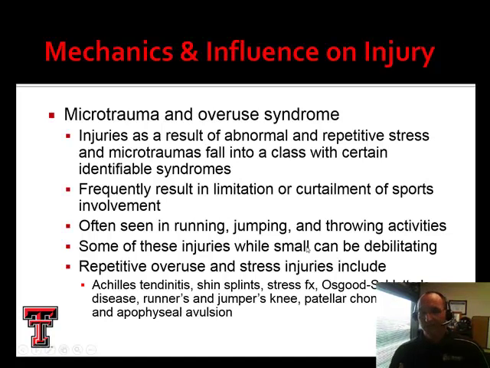Some can be relatively small but very debilitating, and it's difficult as the athletic trainer to figure out when it's appropriate to remove them from participation and try alternatives to training and participation, and when to go ahead and let them try to participate through. In my case, I've had a knee injury in the past. I remember exactly where I was most recently when my knee pain started, so it didn't fit the normal progression of a stress fracture.